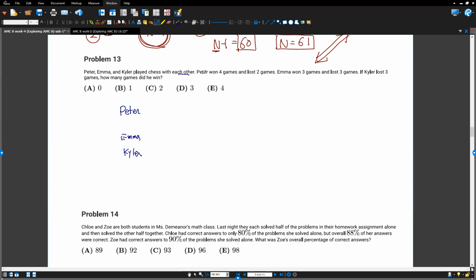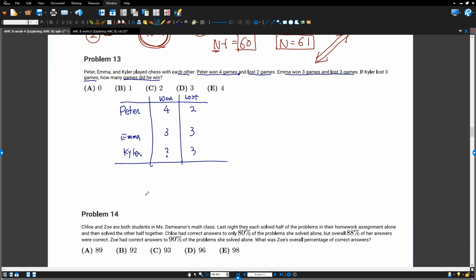You don't have to write the full name; just write something like that. Chess: Peter won 4 games and lost 2 games. What about Emma? 3 games won and 3 games lost. Kylo lost 3 games. How many did he win? We don't know, but he lost 3 games.